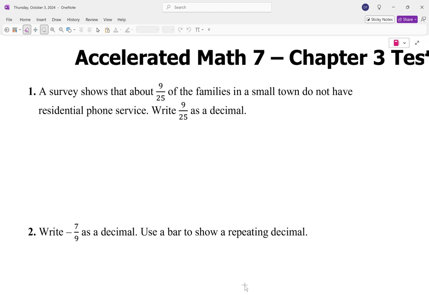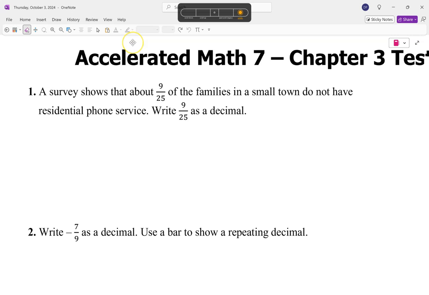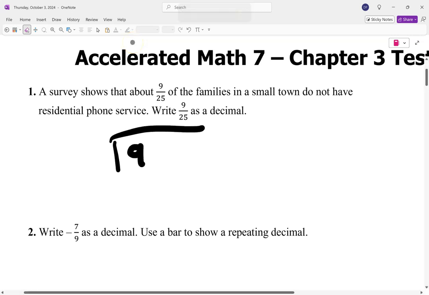A survey shows that about 9/25 of families in a small town do not have residential phone service. It has a decimal. You divide 9 by 25? Okay, that's one way to do it. So 9 divided by 25. How many times is 25 going into 90? 3.